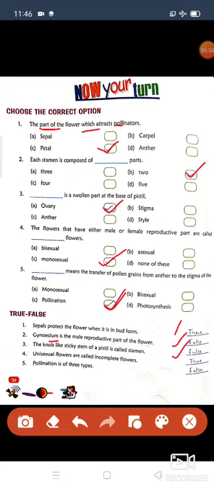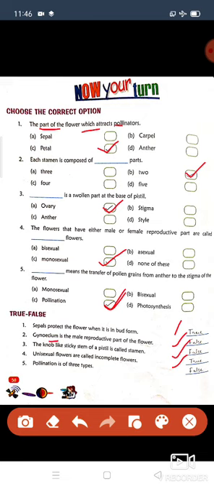It is stigma, which is located in the female reproductive part, children. Unisexual flowers are called incomplete flowers. Yes, this statement is true, because unisexual flowers have either a male reproductive part or a female reproductive part. That's why we can say that unisexual flowers are incomplete flowers.